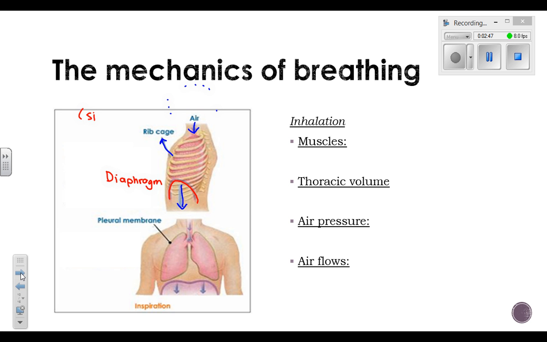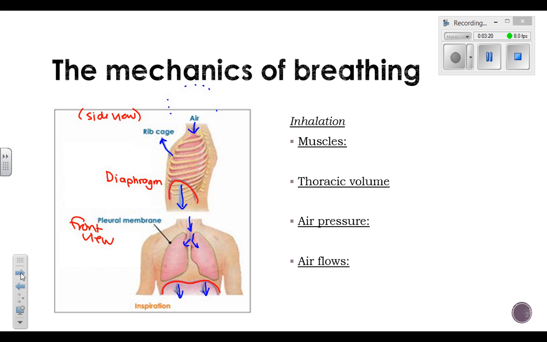And then when we're looking at the front view of the person, that is their diaphragm. And so if you look at the front view of the person, the arrows are coming down the trachea into the lungs, and the arrows on the diaphragm are going downwards.